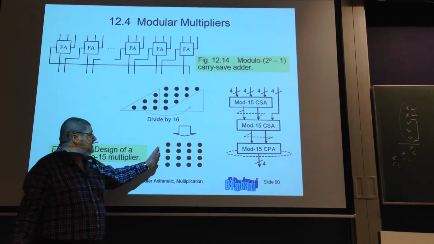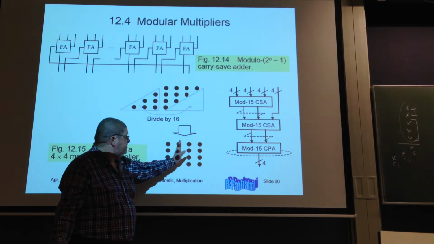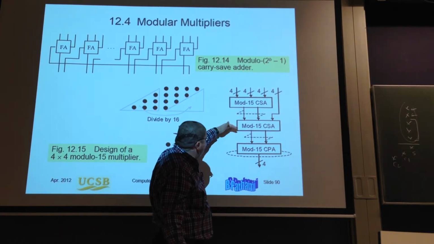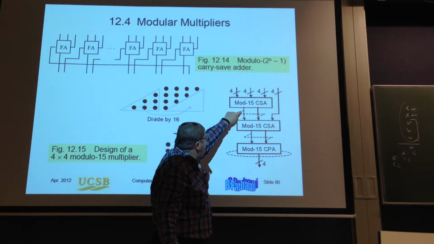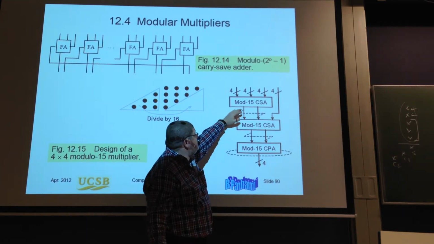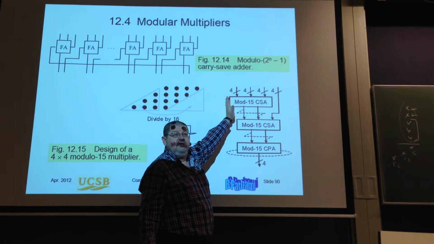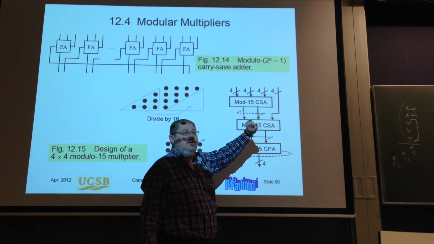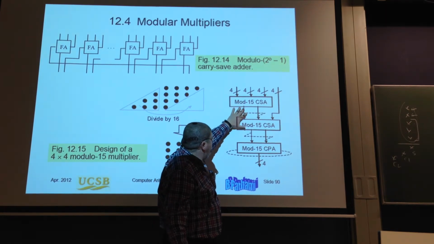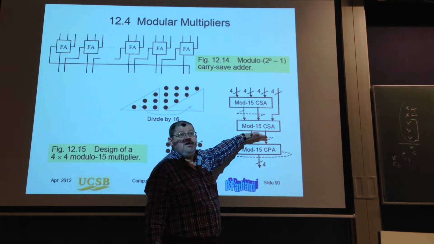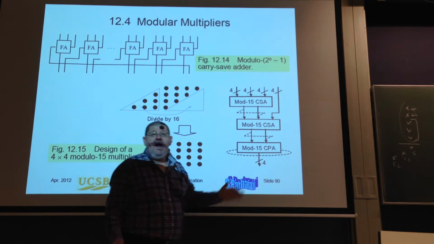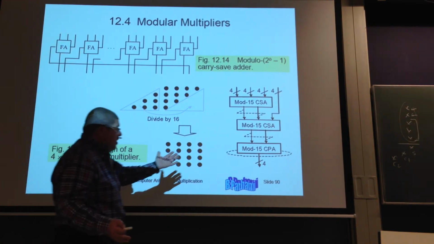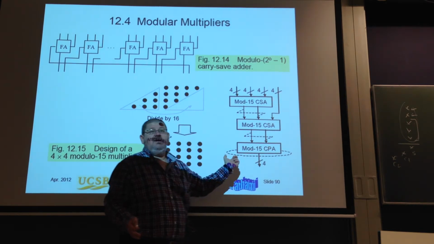Then I will take 1, 2, 3 of those, and I am building a carry save adder. Whatever was going out, the carry of the one in the most significant position, is actually coming back. And then after 2 levels of that, I arrive at 2 results, which now I can add modulo 15, which is normal addition with end-around carry.